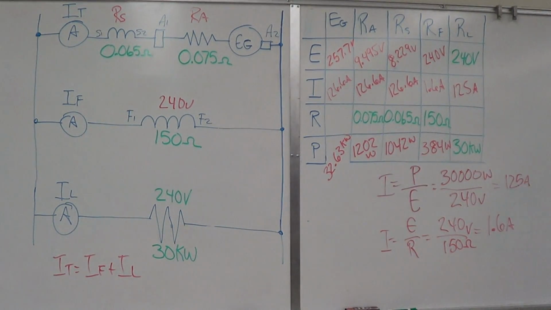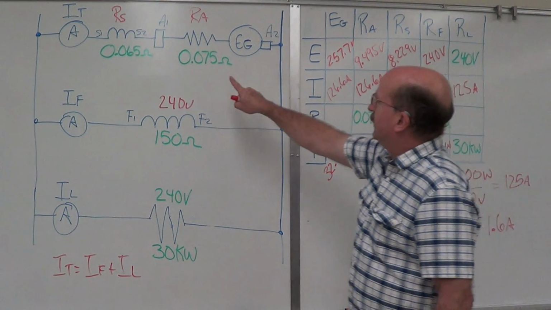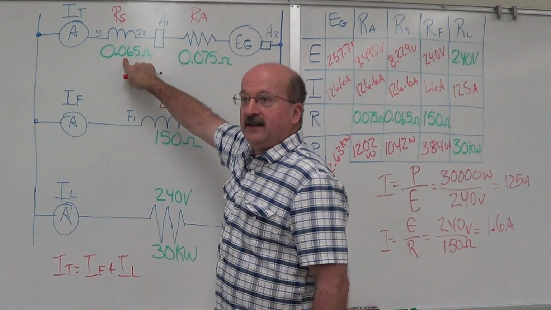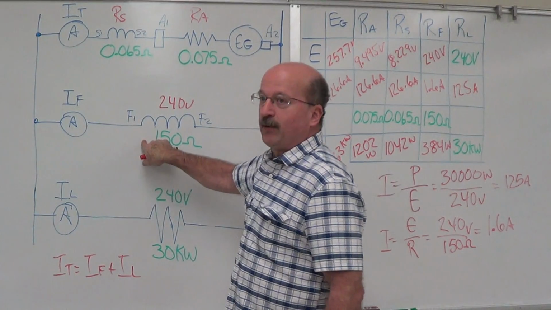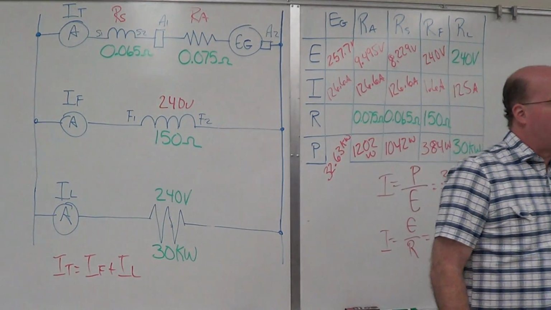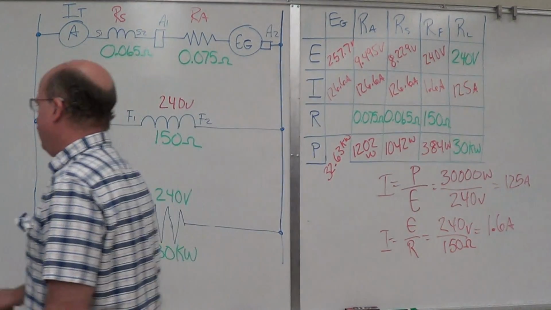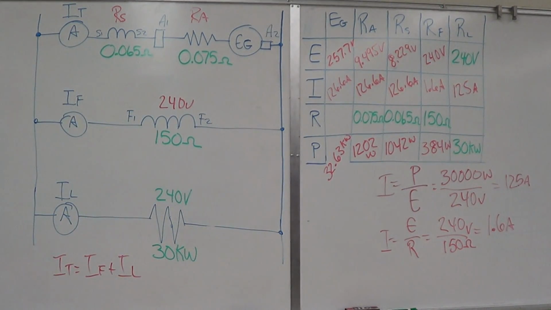That's what we generate. That's what we have to generate to overcome the voltage drop in the armature, overcome the voltage drop in the series field, and provide 240 volts to the load. Hey, that's one of our questions over here, Eg, 257.7 volts. There we go.